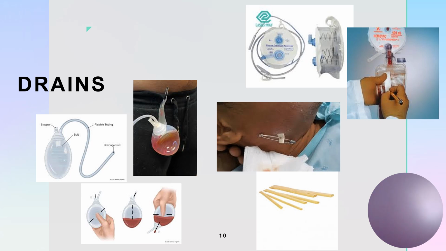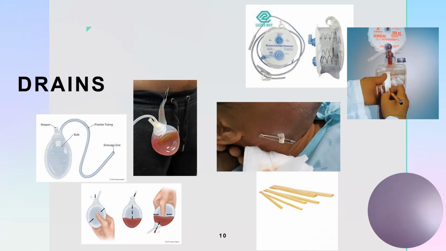And then the lower picture on the right-hand side, this is going to be your Penrose drain. This is just basically a flat silicone drain that's placed in the actual wound itself, and then we put a sterile safety pin in it to keep it from sliding all the way back into the wound.